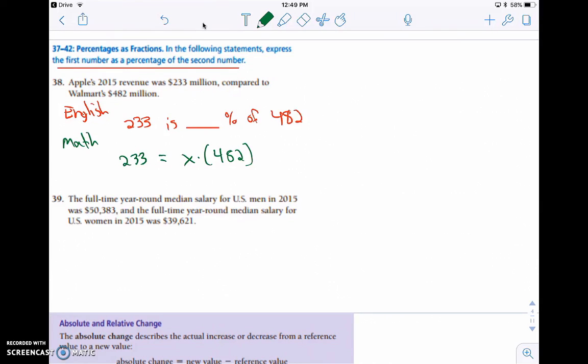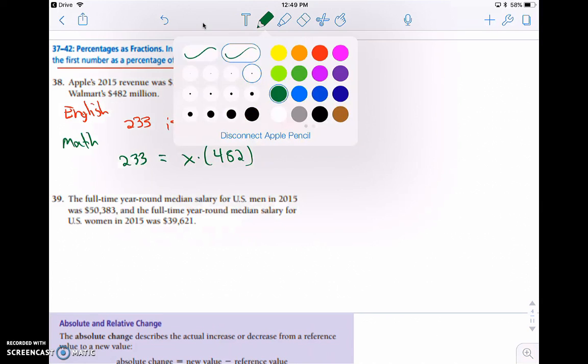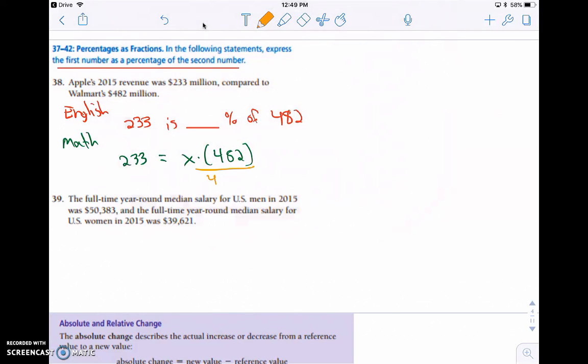So you get 233 equals X times 482. Now you can quickly solve here. Divide by 482, and you get 233 over 482 equals X. If I take 233 and divide it by 482, I get about 0.483. And as a percent, that's 48.3%.